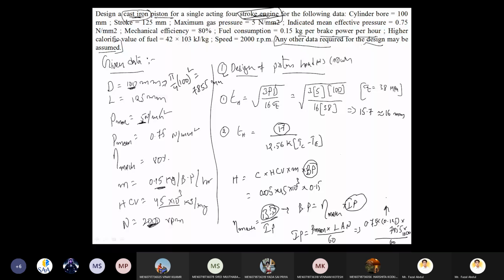Tell me the IP value, Babu. Everything is written on the screen. Just substitute the values in the calculator and get the answer. If you are unable to speak, you can put a message in the message box.